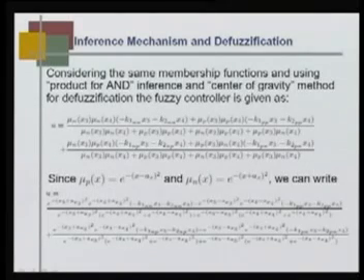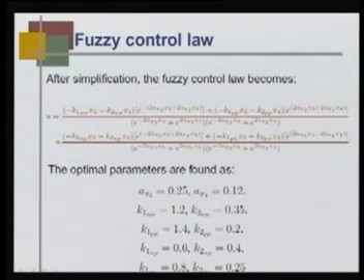Since mu p is this and mu n is this, which we have already done in the previous case, we can write u as like this. This is the controller, and by simplifying that, we have actually 10 parameters to be identified.